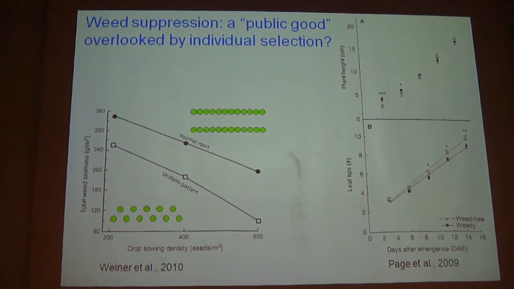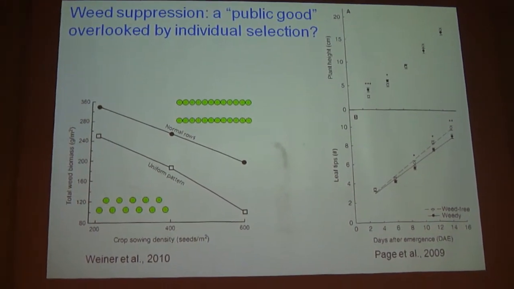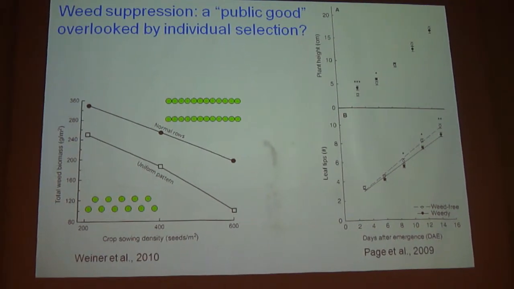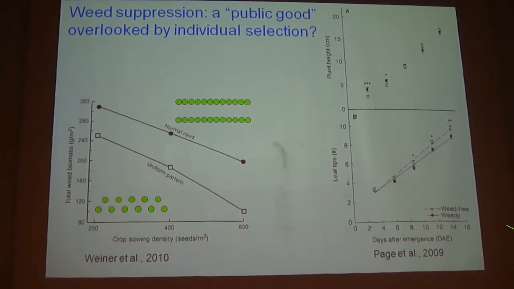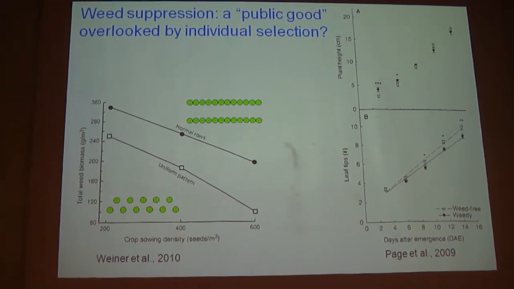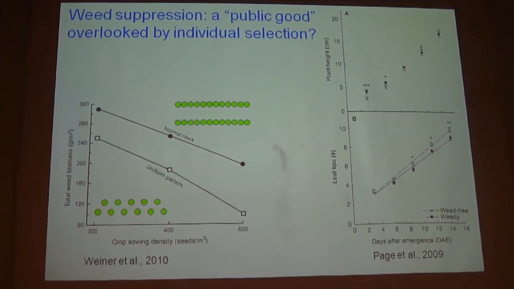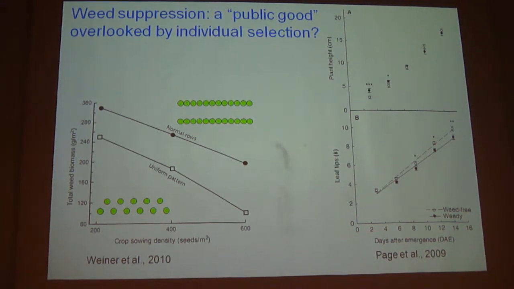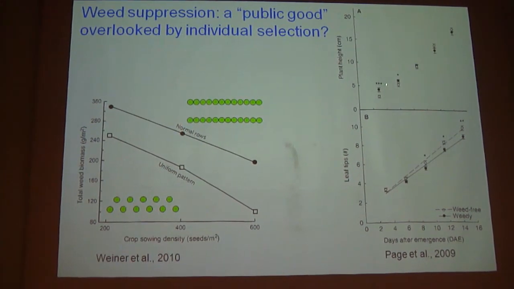And then for the crop breeding, genetic improvement part, he hasn't done that yet, but he called my attention to these data, which I think are for maize. The horizontal axis for both of these graphs is days after emergence. The upper graph is plant height, and the solid filled circles are a weedy situation where the crop is receiving these red, far red crowding cues from the weeds and responds early on by an increase in height.